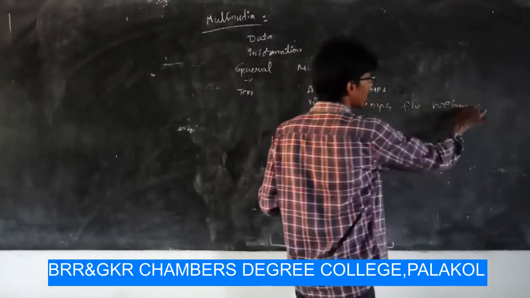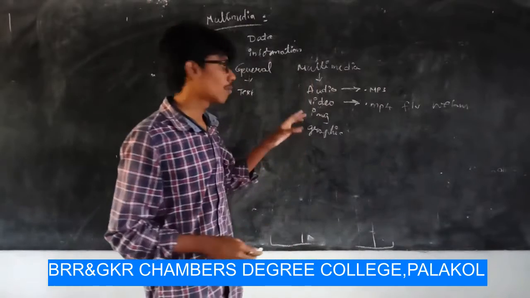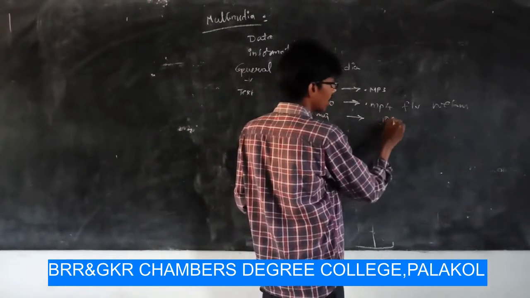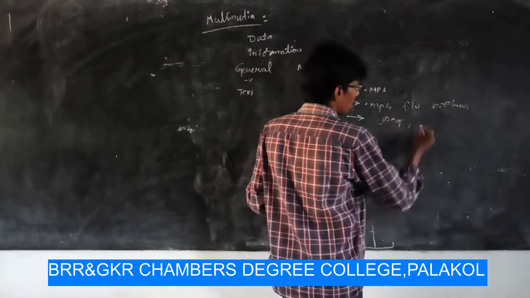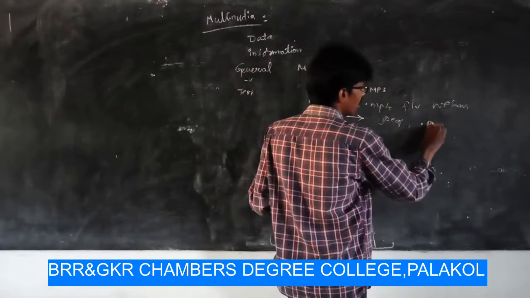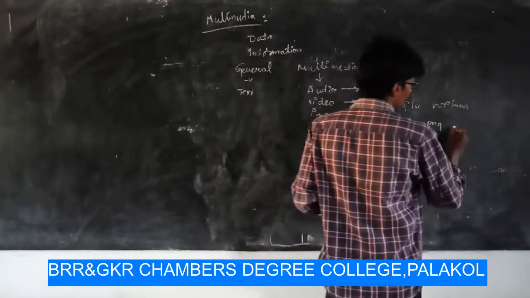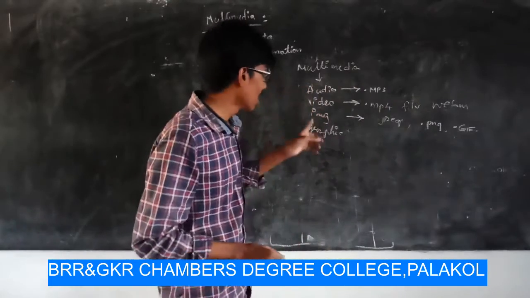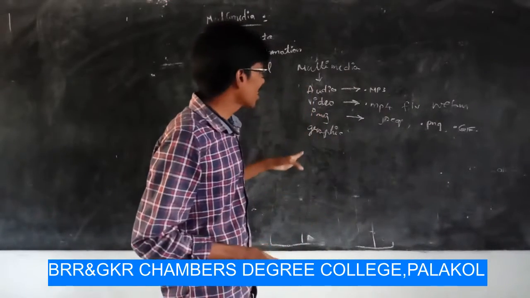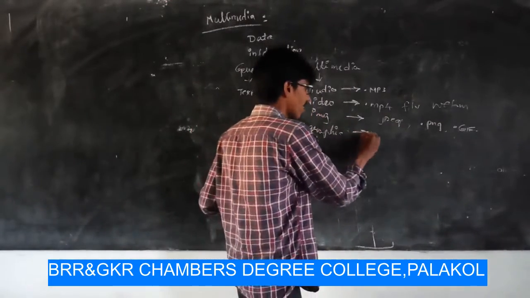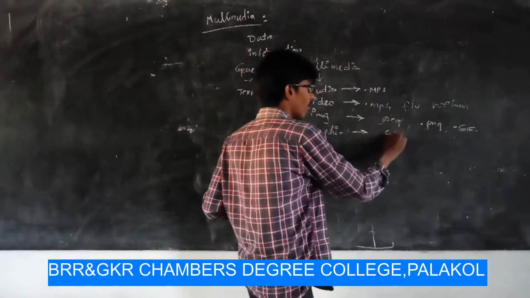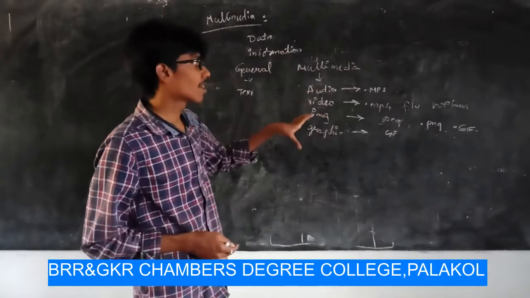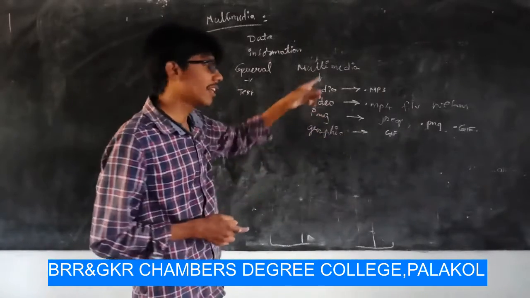These all are different types of information in the form of video. Whereas image can be formatted as JPEG or .png or .gif. These all are different formats of the image. Okay. By considering all these formats, all of them can be called multimedia content.